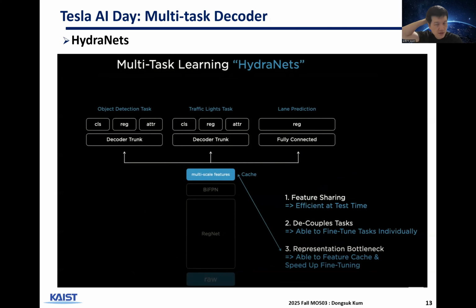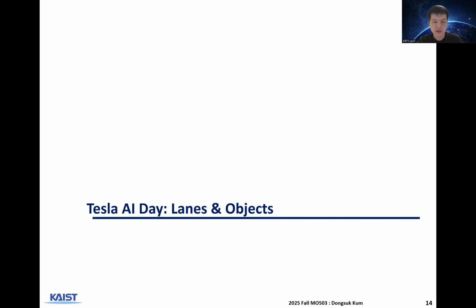And notice that they have multitask heads. Here they're showing three heads: object detection, traffic light head, and lane prediction. Let's talk about lanes first.